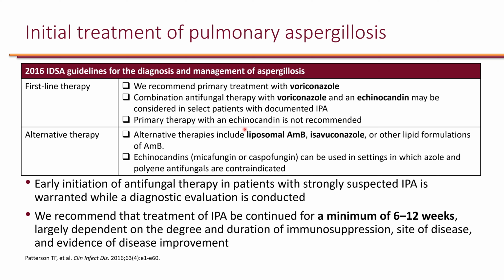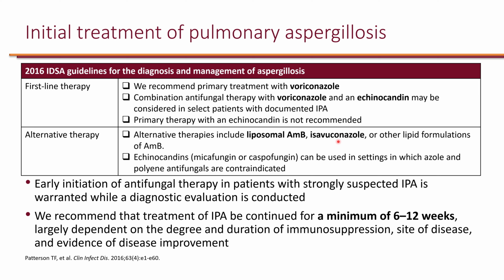As I had mentioned previously, azoles perform better against aspergillus compared to echinocandin. So echinocandin monotherapy is not recommended, only as a combination. Now, alternative therapies include either liposomal amphotericin B or some of the newer azoles. So isavuconazole would be an alternative, essentially because that's a newer agent, more expensive, and had less data at the time that the guideline came out.